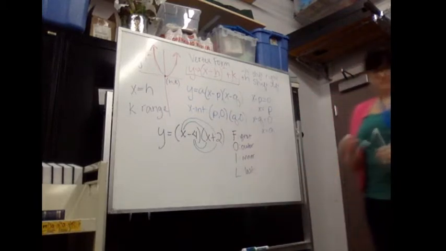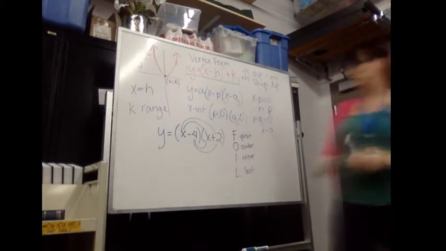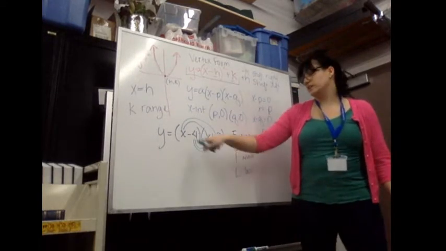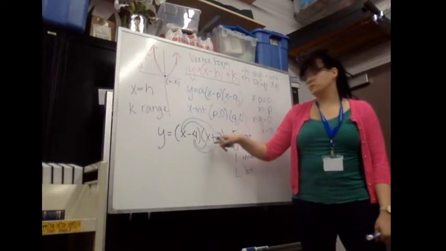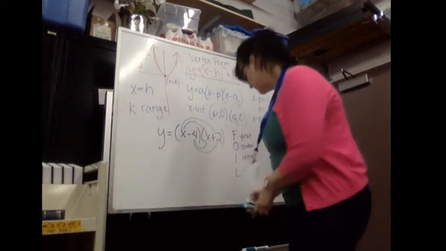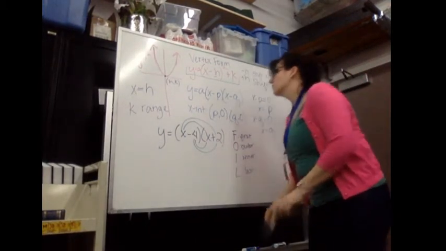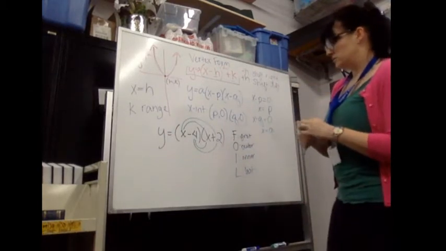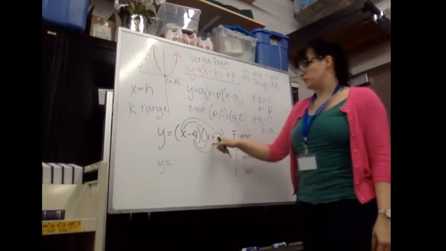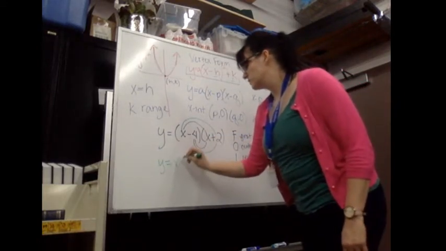So essentially what you're doing is taking this x and multiplying it times each one of these. And then you're taking this -4 and multiplying it times each one of these. And then you'll just collect like terms. So, foiling this particular problem gives us y equals, my first terms multiplied together, x times x, x squared.